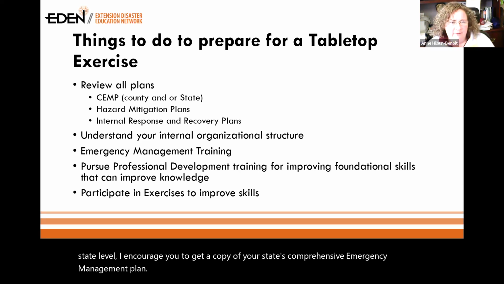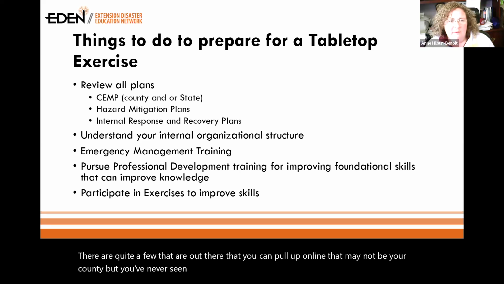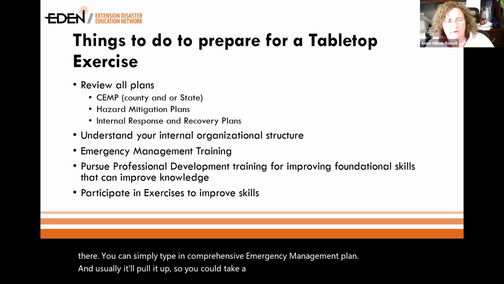There are quite a few that are out there that you can pull up online that may not be your county. If you've never seen one before, they do exist. You can take a look at them out there. You can simply type in comprehensive emergency management plan, and usually it'll pull it up so you can take a look at what all is involved.